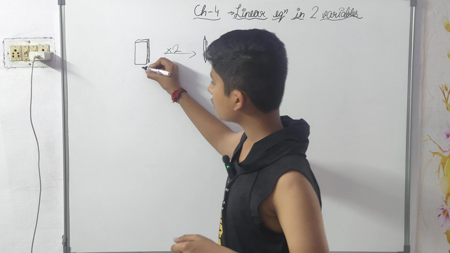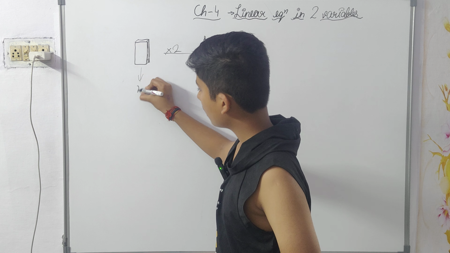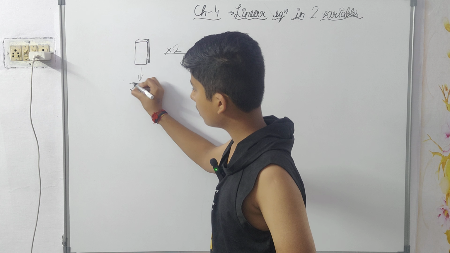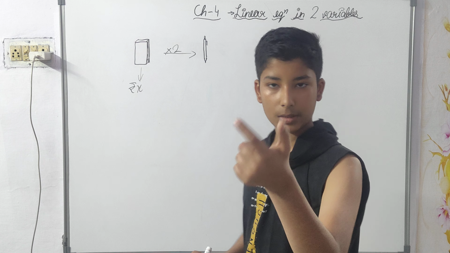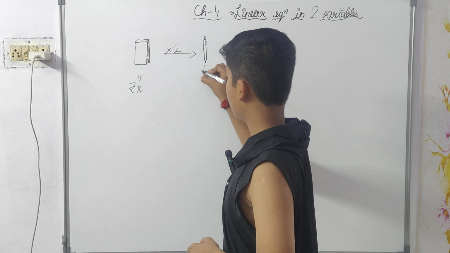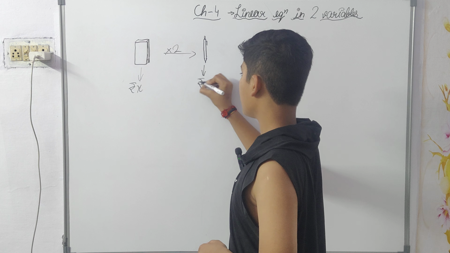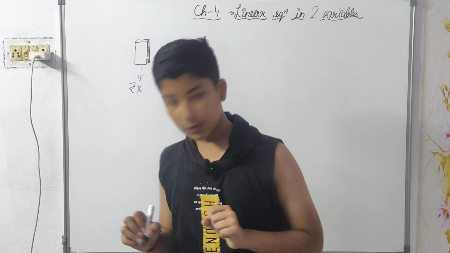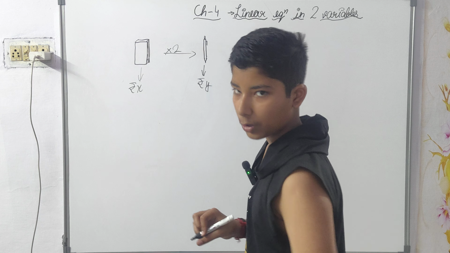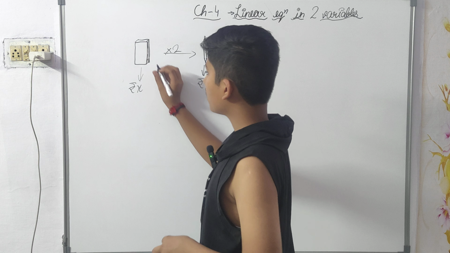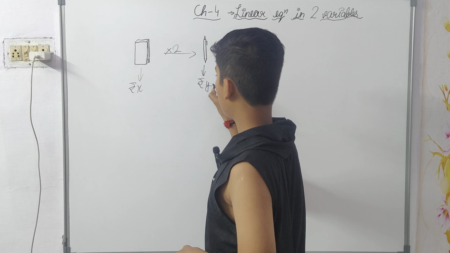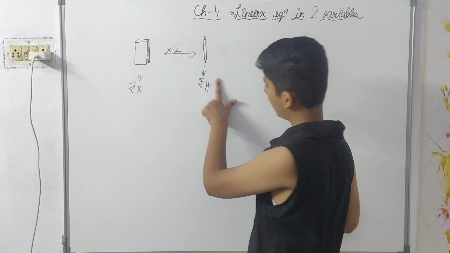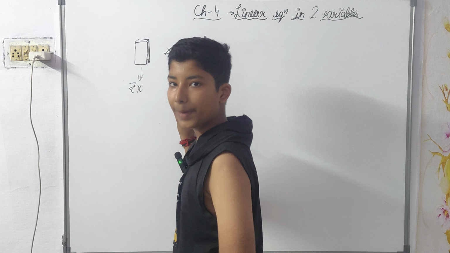We assume the cost of the notebook as x rupees. Therefore, the cost of the pen, let's assume it is y rupees. It's already given in the book. Now, the cost of the notebook is twice of y, twice of the pen.